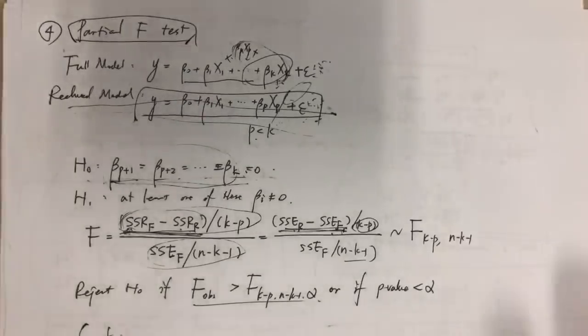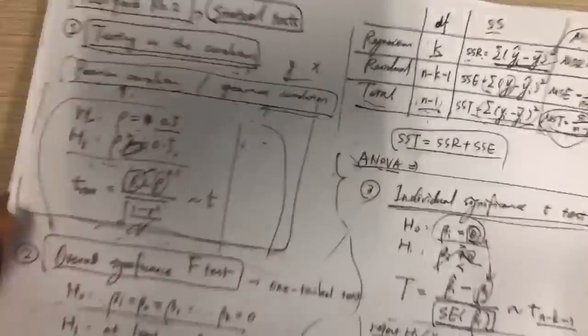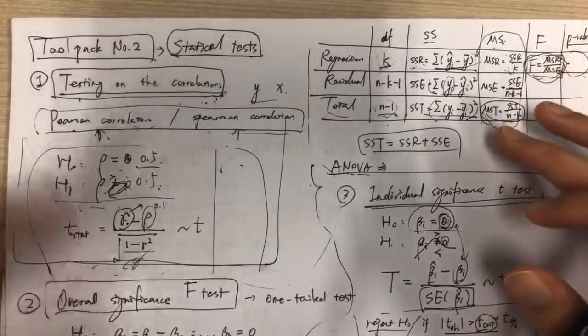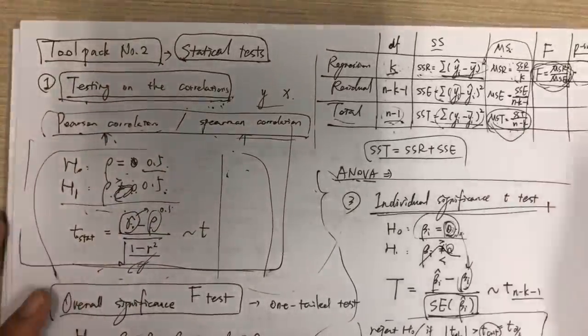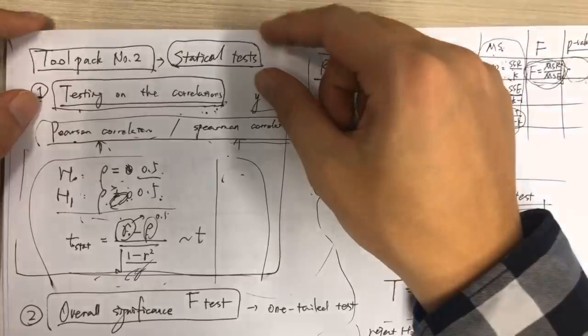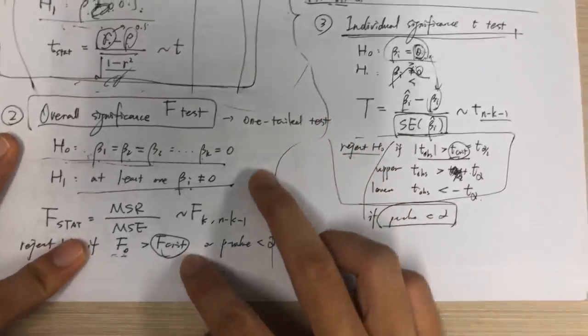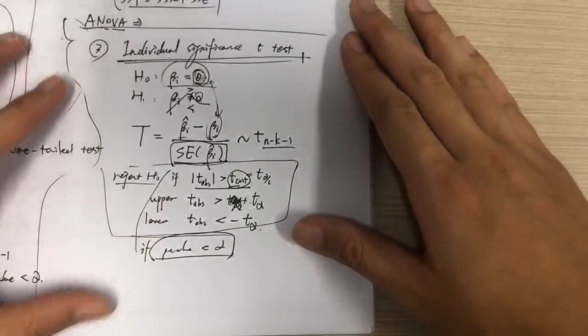All right, so far, I believe that's all about the tools in our second tool pack. I promise you, there are only 3 tool packs. Later on, we're going to deal with our last tool pack. So tool pack 2, statistical tests. We're going to test on the correlations. We can test on the overall significance using the F-test. We're going to have the individual significance t-test.